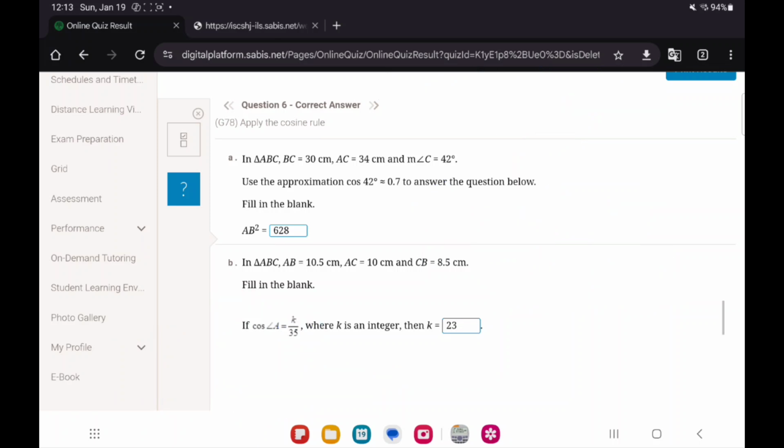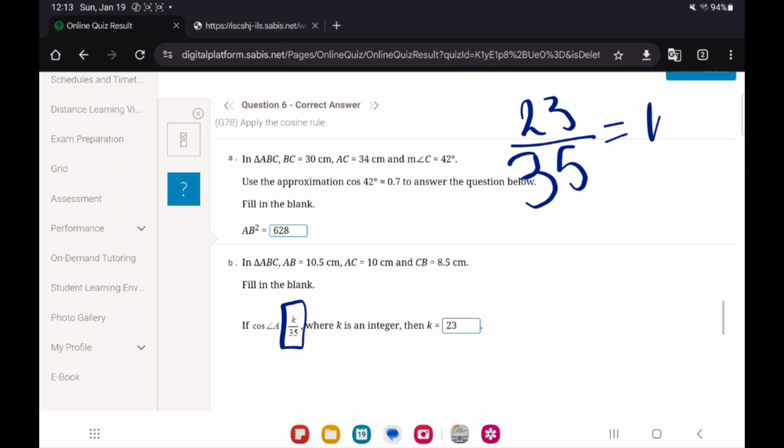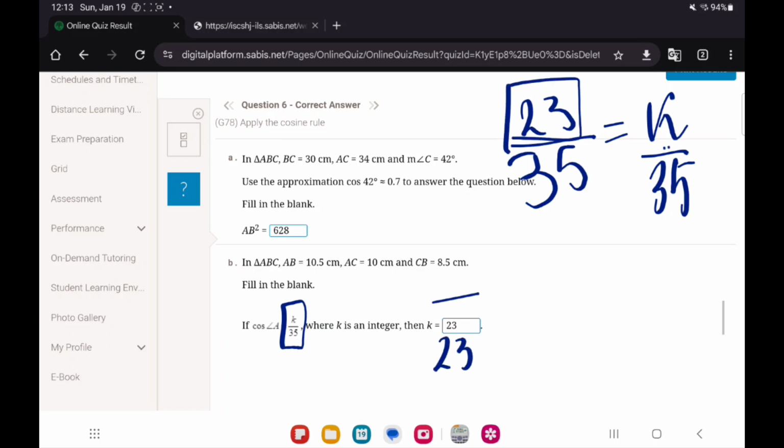So let's write that. 23 over 35. Here they gave you k over 35, so equals k over 35. So what do you think k is? It's literally obvious, it's 23, and that is the answer.